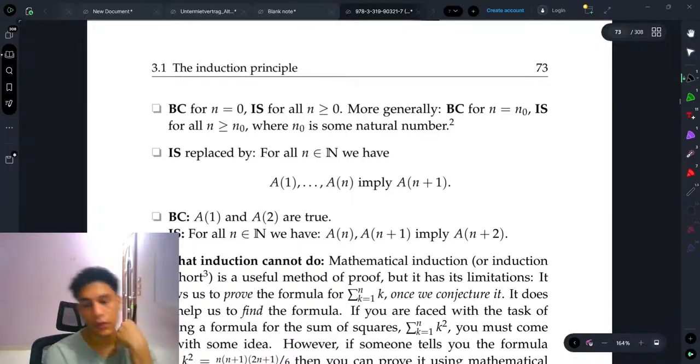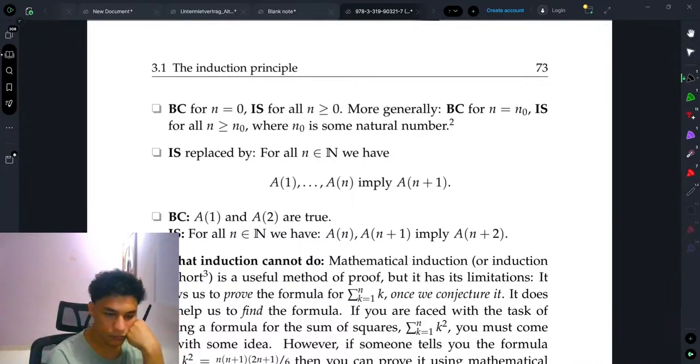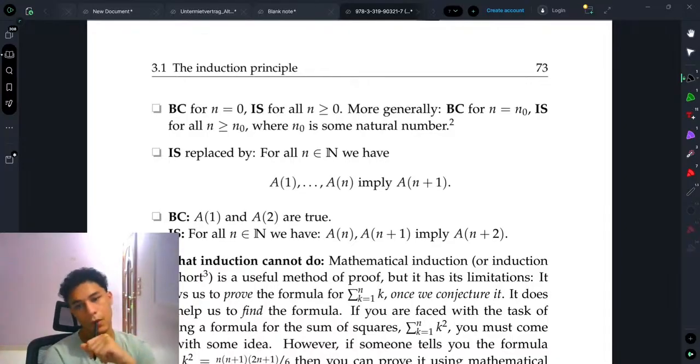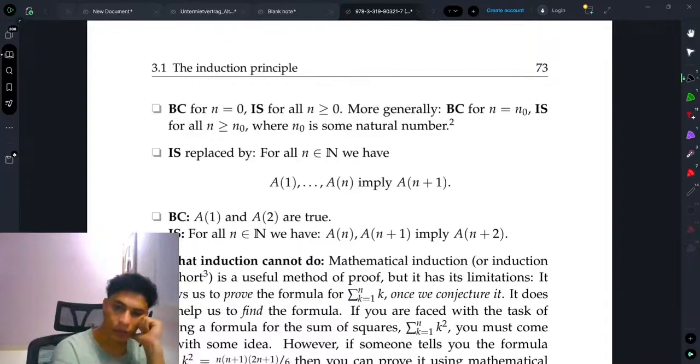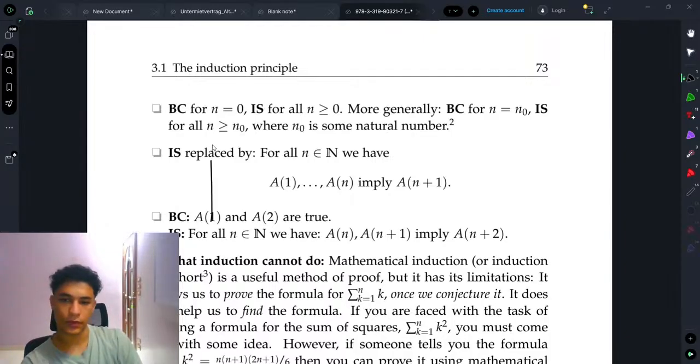So BC for n equals 0, is for all. Okay, hold on, I need to understand some of it.